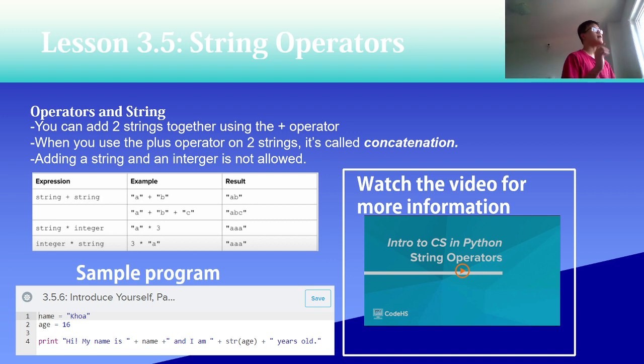It's not like that. So the integer multiplied by the string, 3 multiplied by a, gives you the same result, aaa. It's not like 3a.